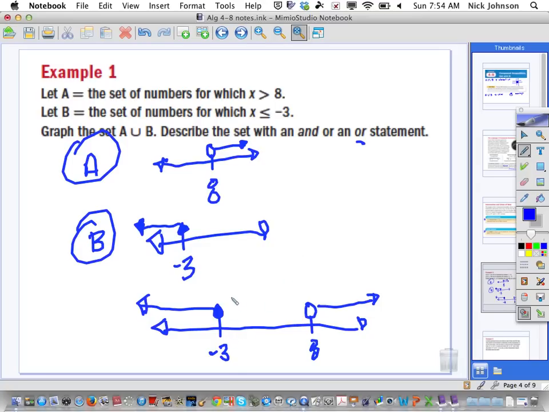Why the OR statement is because these two things are separated. So how you could describe this set is we want everything that is less than negative 3, including negative 3, or x has to be greater than 8. So we would have to use OR in this inequality, because of the separation.